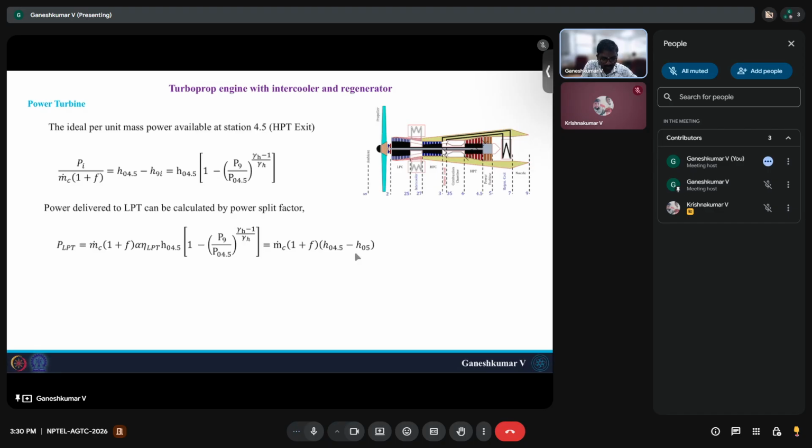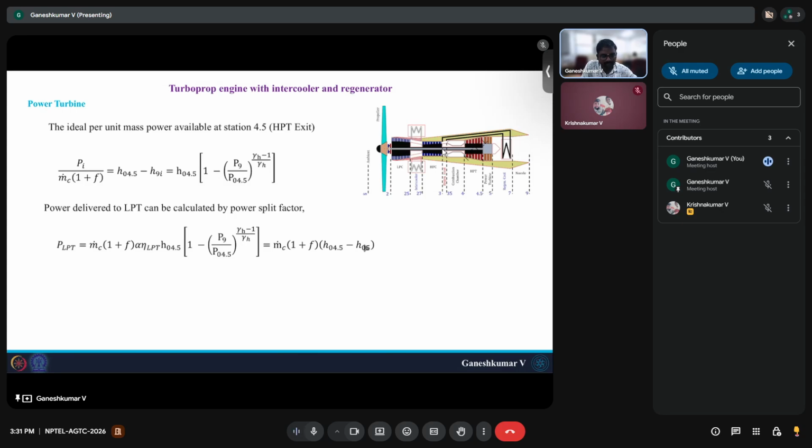And this is nothing but this entire power multiplied by alpha, the power split factor, times the efficiency of the LP turbine. The LP turbine also has an efficiency, so if you multiply them, that is the total amount of power that is extracted at the power turbine, which is m dot c into 1 plus f into H4.5 minus H05.